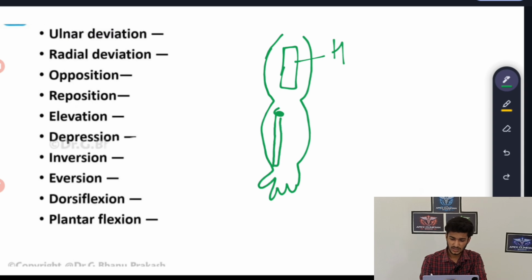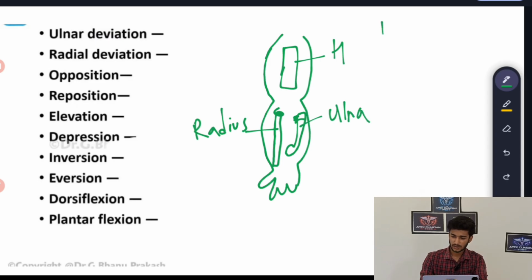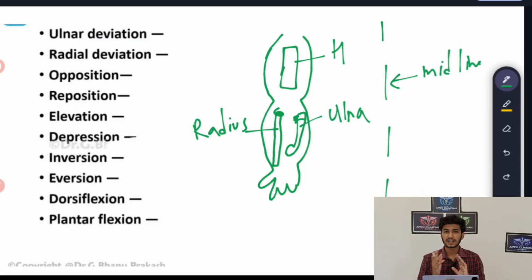The bone which is lying towards the thumb is called the radius bone. And the bone which is lying away from the thumb is called the ulnar bone. So here is the midline. In ulnar deviation, the movement of the wrist is towards the midline, and in radial deviation, the movement of the wrist is away from the midline.